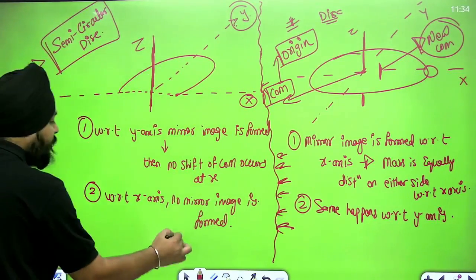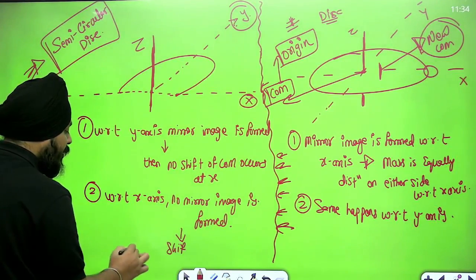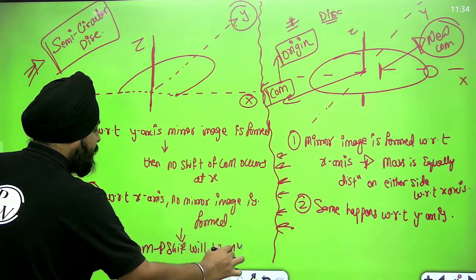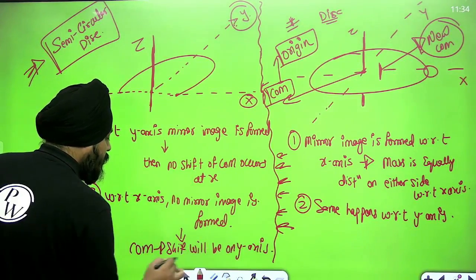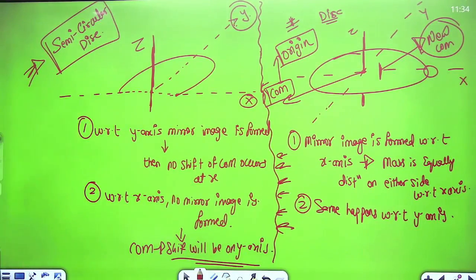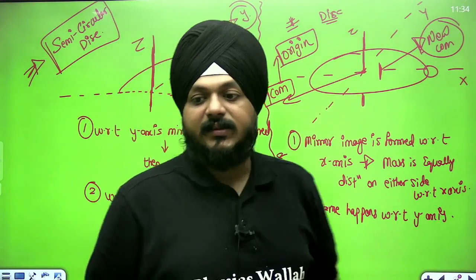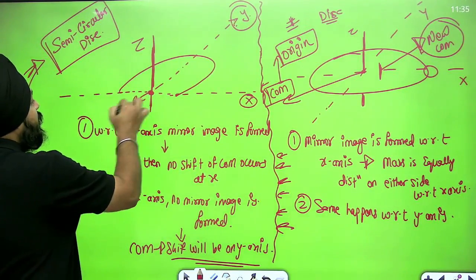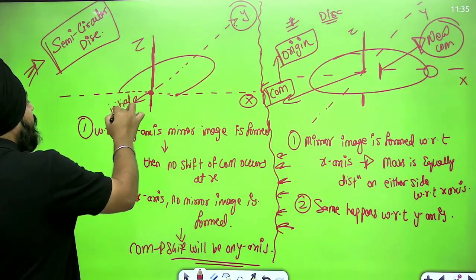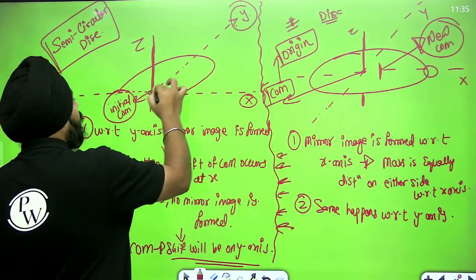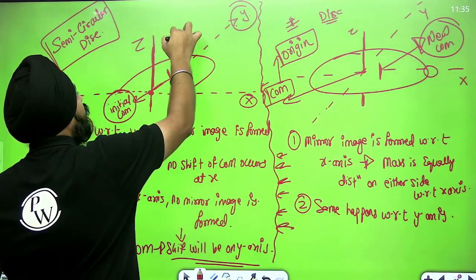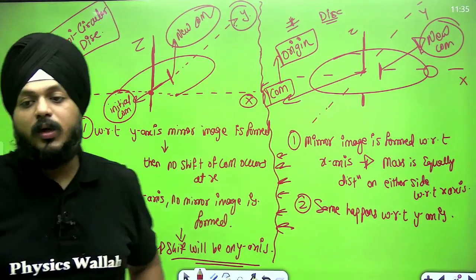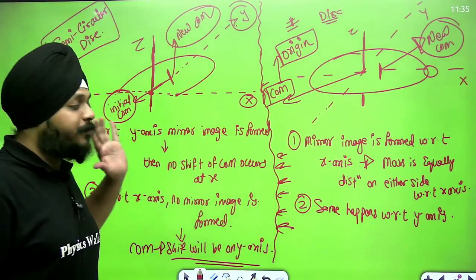It means the shift will occur along y. The center of mass shift will be on the y-axis. The center of mass initially was at this position. This is the initial center of mass. Now it is going to shift to the higher mass side. This is the new center of mass. I want to convey that the center of mass always shifts towards the higher mass side.